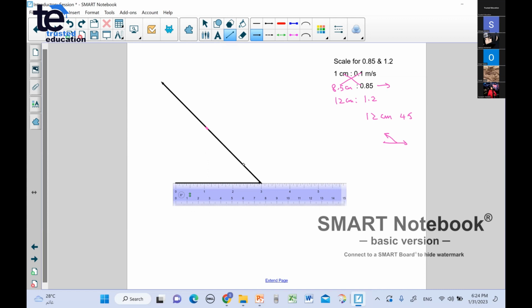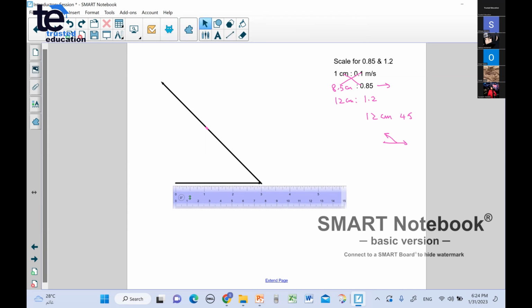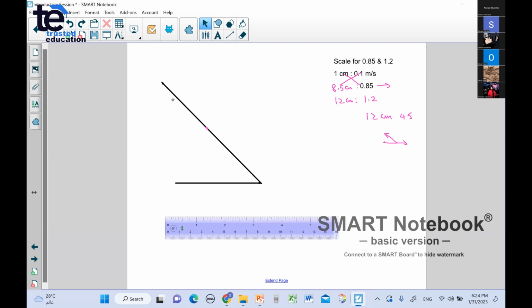Now, let me ask you one question. I hope you are able to answer. Can you see here which method I prefer? It will be easier for me to use here. Which method? Is it the parallelogram method or the triangle method?